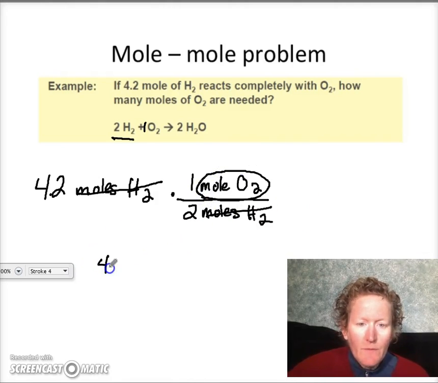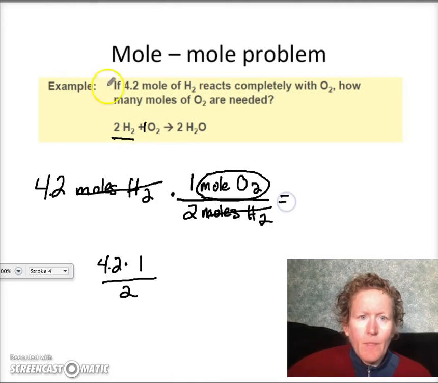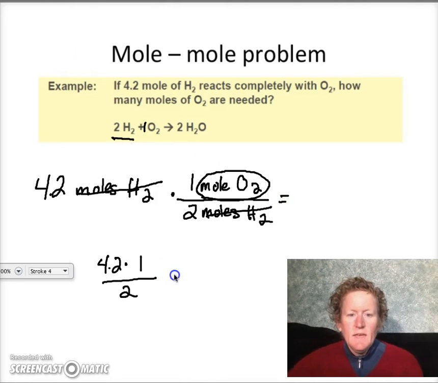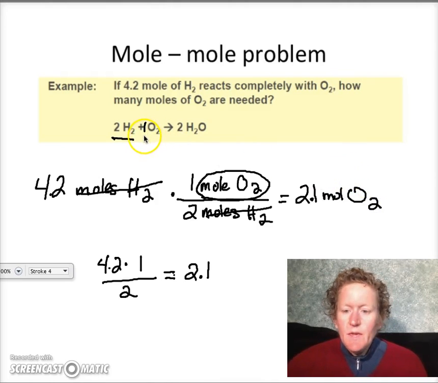So the math is 4.2 times 1 divided by 2. And you'll see that when you put that in your calculator, or you can do it in your head, that's 2.1. So we need 2.1 moles of O2. Again, we just looked at those coefficients in the balanced equation.